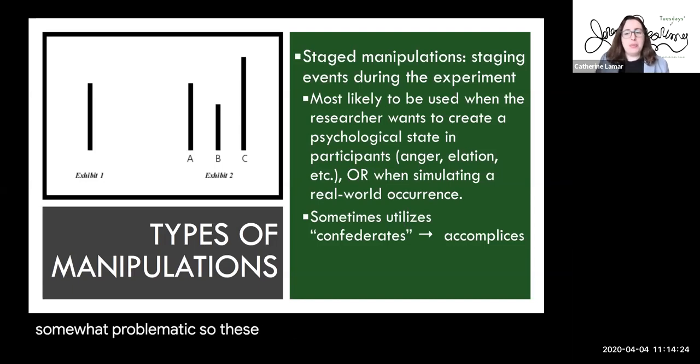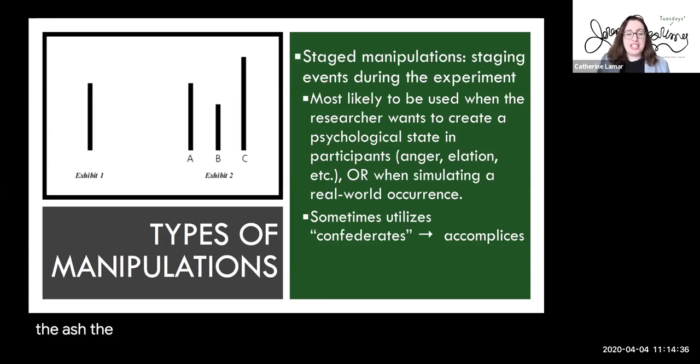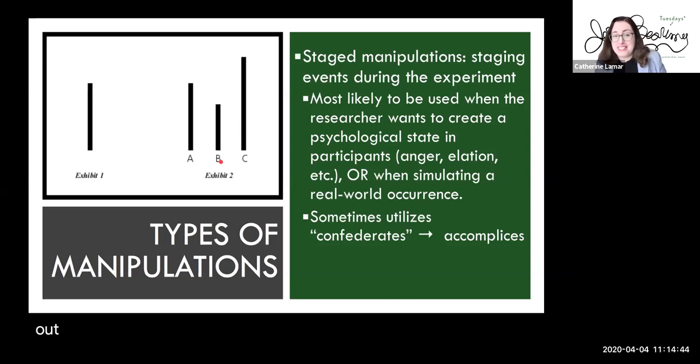So these people were paid accomplices who were working in cahoots with the researcher, and they were supposed to play the part of a participant who gives an incorrect response. Now, Asch, the researcher, was interested in seeing if when people give the wrong response, do participants conform to that? And it turns out, sometimes, yeah, participants conform.